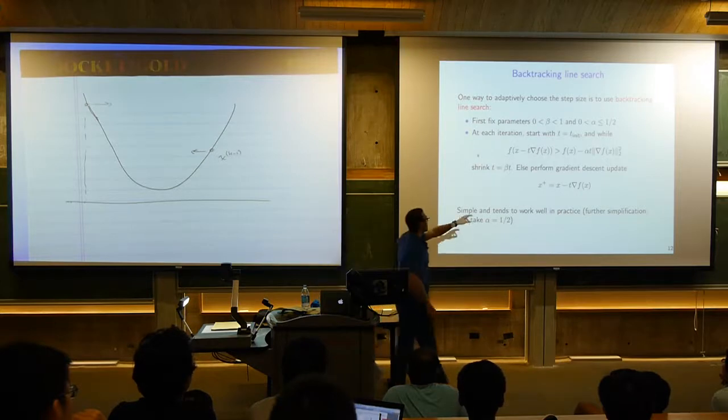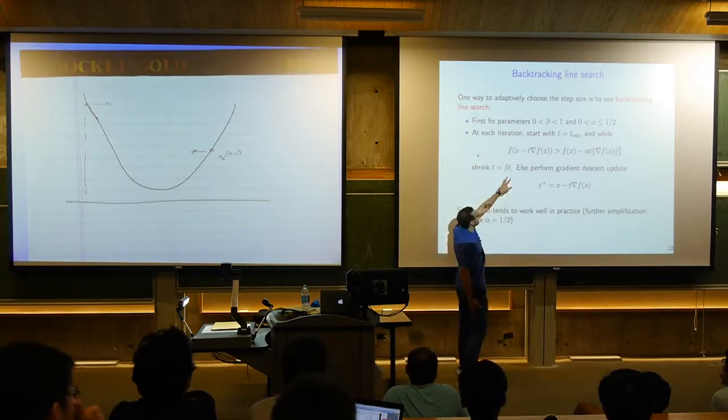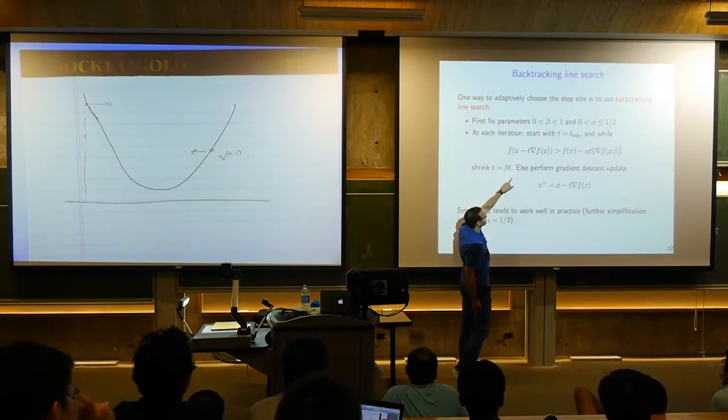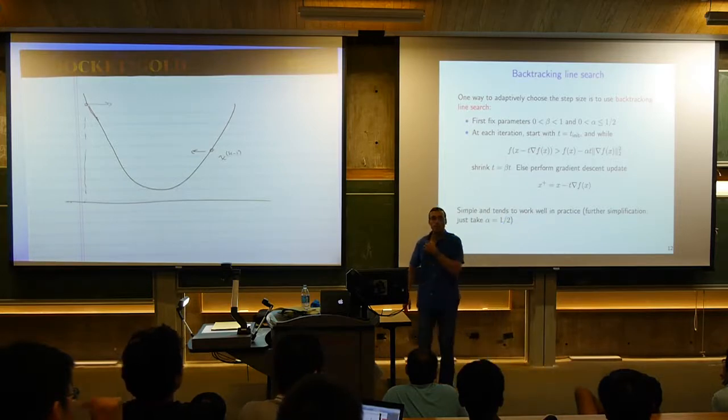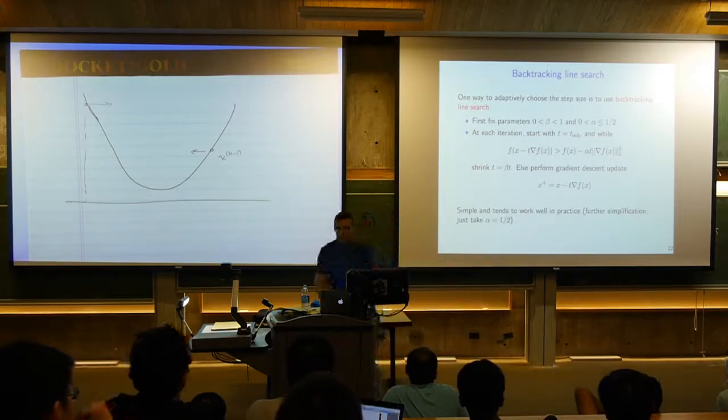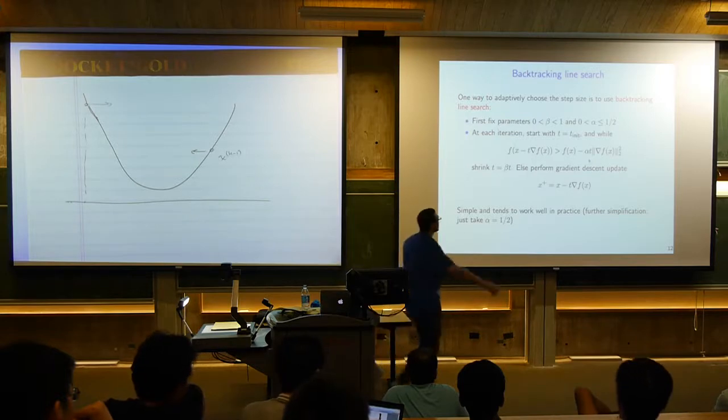So what this condition is looking at is the function value at the proposed gradient step. I'm at x. I'm thinking about going to x minus t times the gradient of f of x. Is it, let's say, larger than what I would see if I looked at a linear approximation to my function at x, and I degraded the slope by alpha?